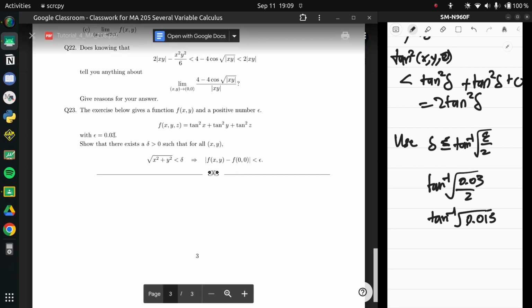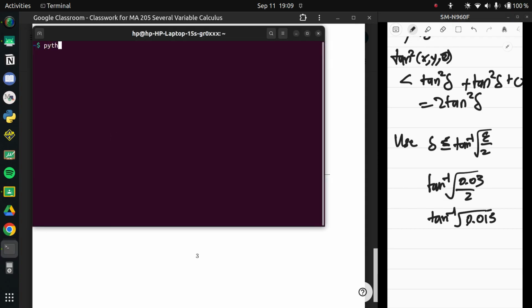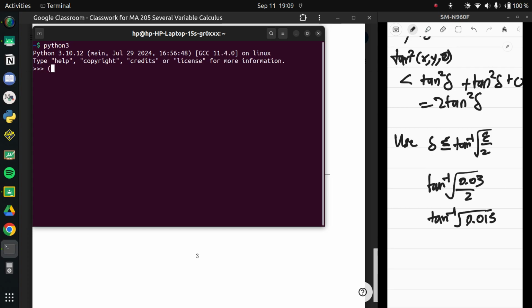I know a perfect way. What do we want? We want 0.015, square root of that, and then tan inverse of that. We'll have to import it. We'll just set it to something so it's executing that.